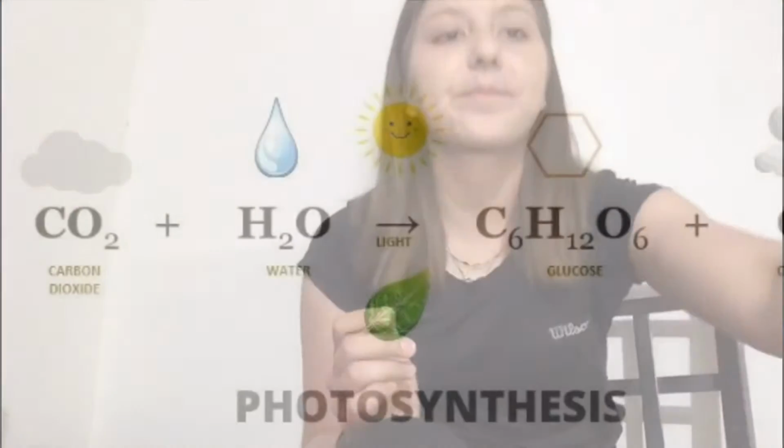Within the thylakoid membranes of the chloroplast is a light-absorbing pigment called chlorophyll, which is responsible for giving the plant its green color. During photosynthesis, chlorophyll absorbs energy from blue and red lights, and reflects green light, making the plant appear green.